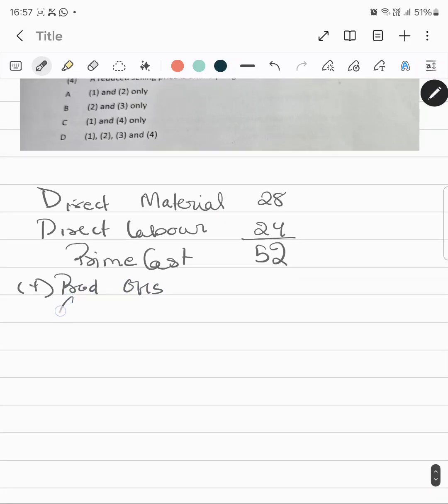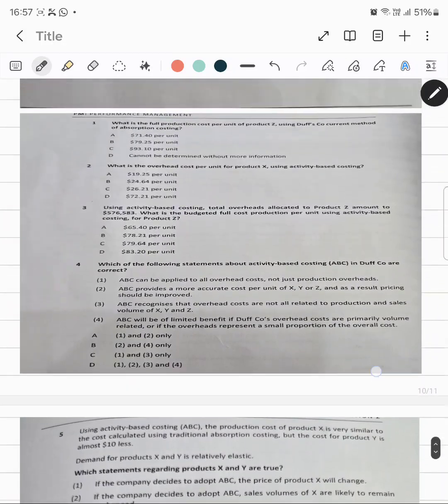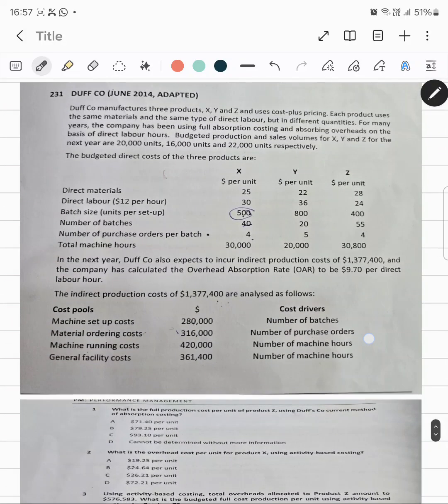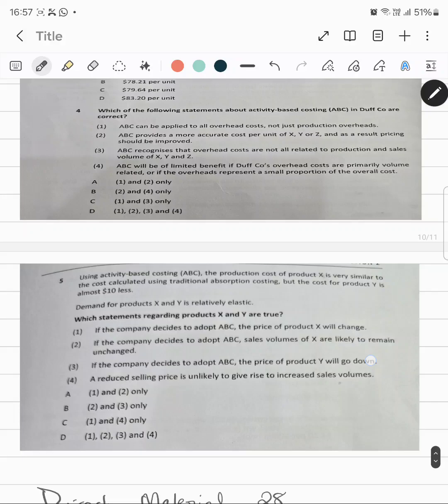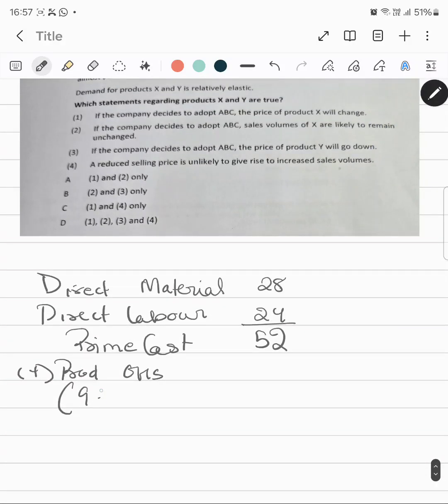The production overheads are absorbed at the rate of 9.7, but how many labor hours?